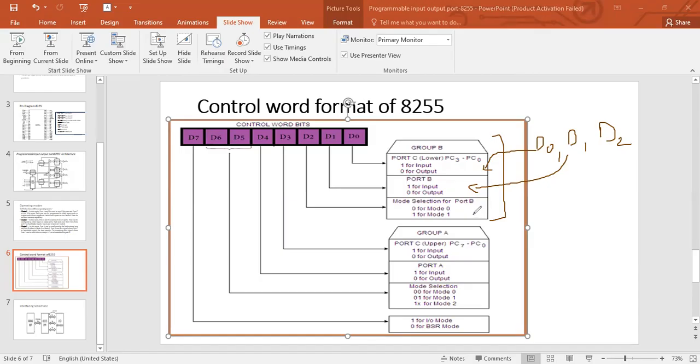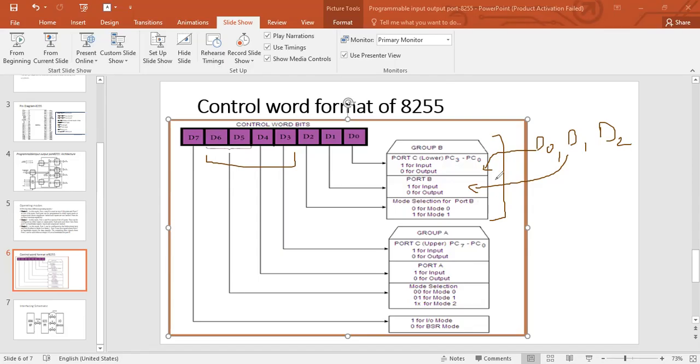Now the next 4 bits, that is from D3 to D6, provide control signals for group A. Group A consists of all the lines of port A and the higher lines PC4 to PC7 of port C, the upper lines.